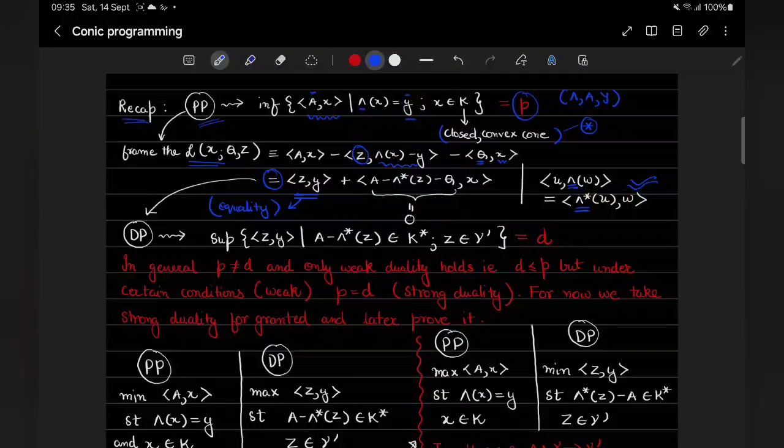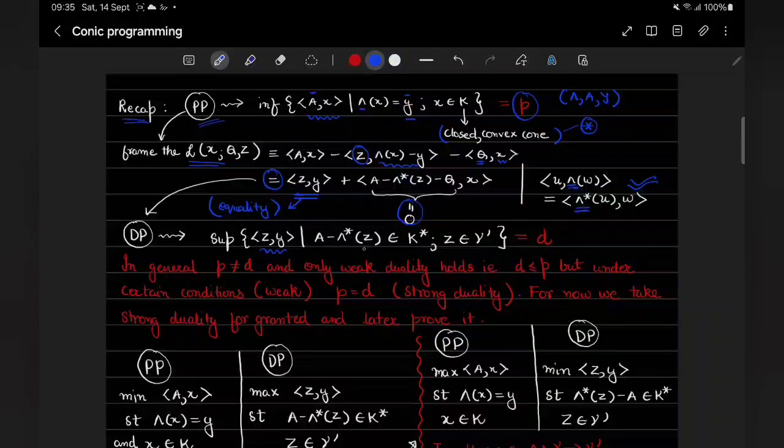And the idea is now to perform another optimization over the Lagrange multiplier z. You have to calculate the supremum over this inner product, which is now in the output space of the linear map, particularly under the constraint that A minus lambda star z minus q is equal to 0.